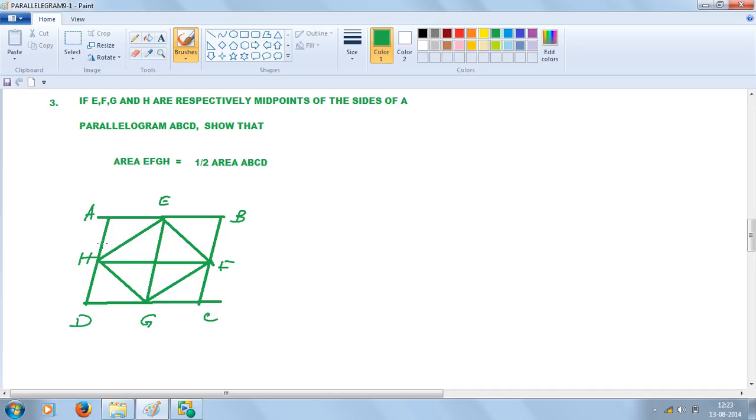Now, these are all midpoints. We know AH is equal to HD. Now, DG is equal to GC. Same parallel here also. These are all equal.